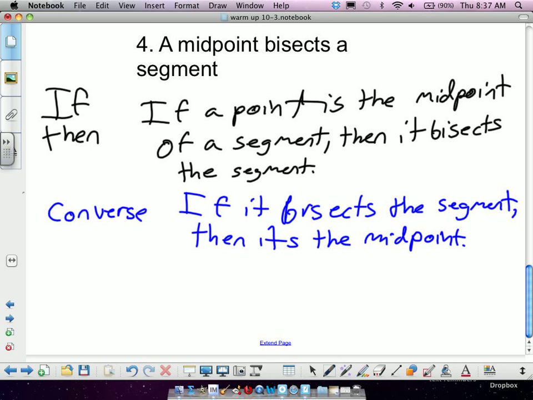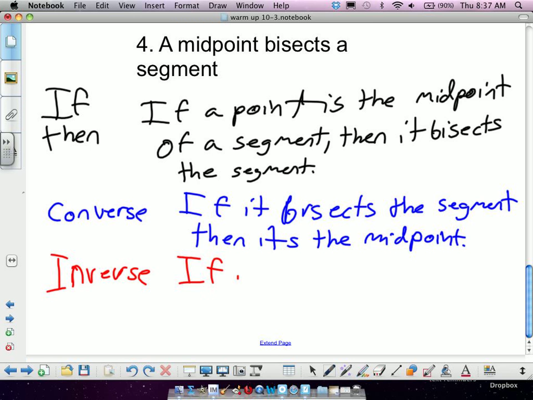Okay, do you guys have the... Inverse. Inverse? Go ahead. If it's not a midpoint, then it's in the bisecting line.